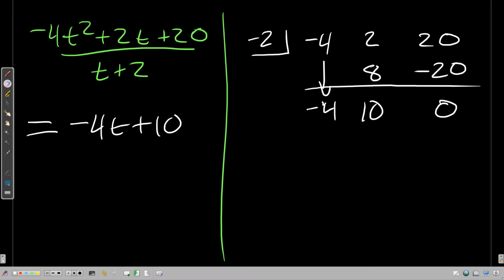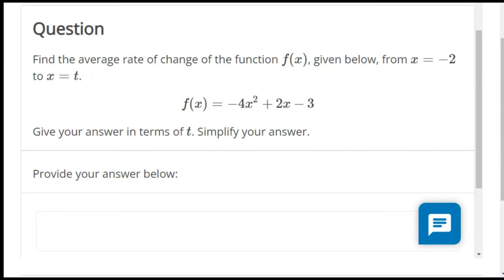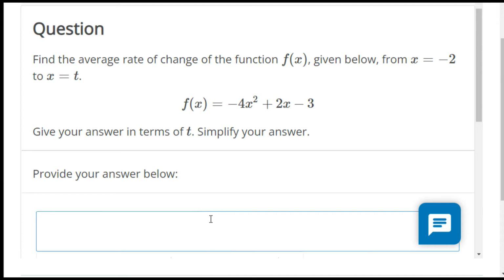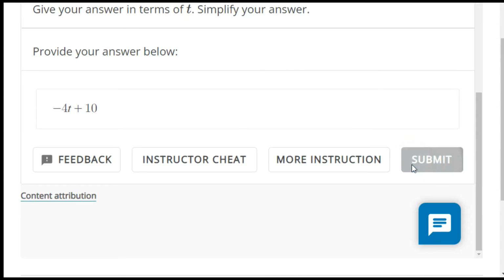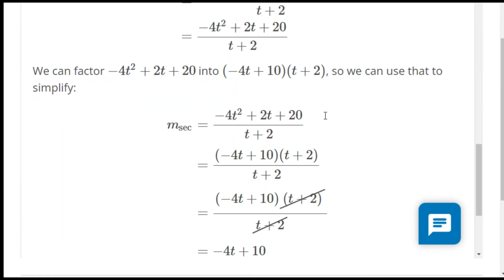And that would work for you even if you had something in the numerator that was too challenging to factor. We could have just factored that one. It would have been no sweat, but I like to show this way.